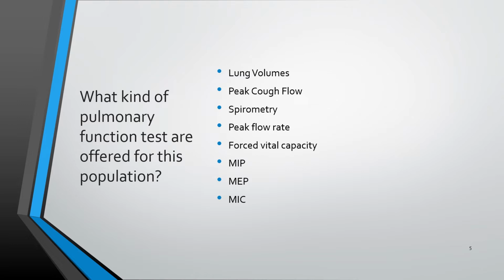It's very similar to spirometry, and we're going to get a little more into spirometry, but lung volumes, such as measuring the total lung capacity or looking at the residual volume, can be very important in determining how far along someone is with neuromuscular disorders. So lung volumes are really important, and we're going to talk more about that a little bit later.